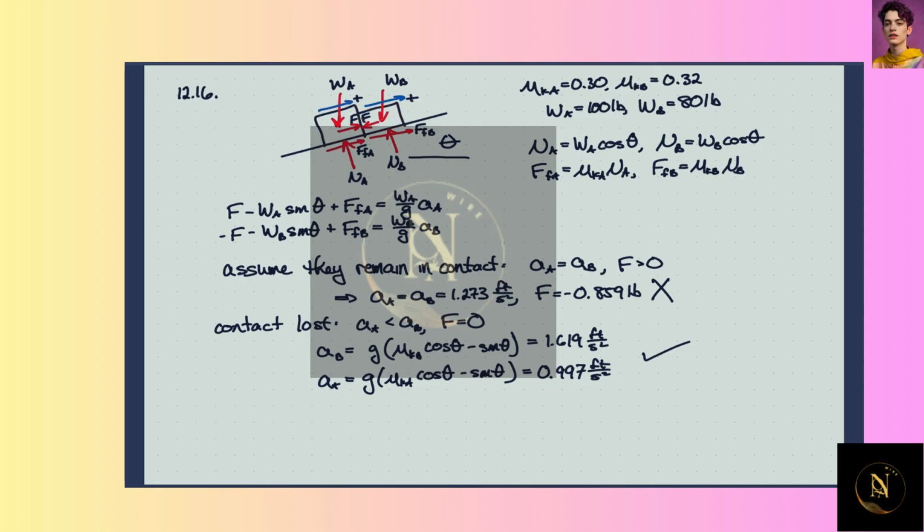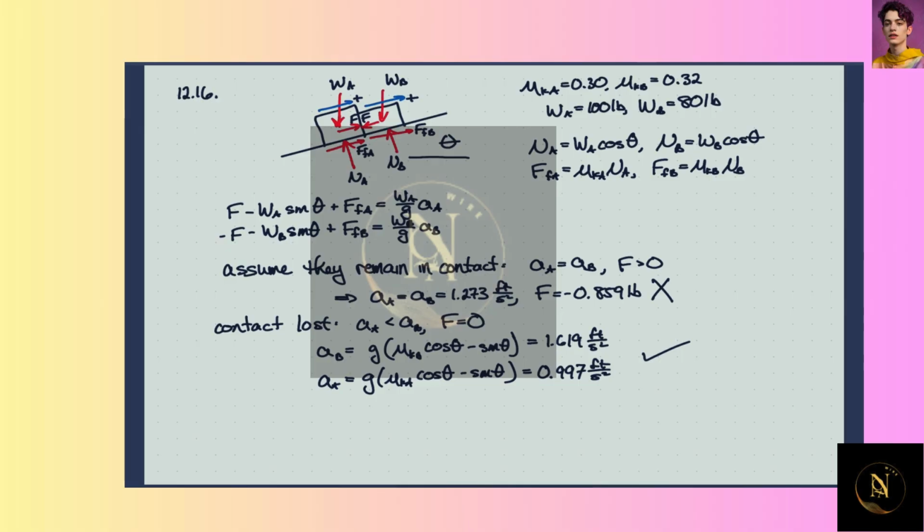The acceleration of this one here is g times the kinetic coefficient of friction for that box times cosine of theta minus sine of theta, and we get 1.619 feet per second squared. Now if we look at this box individually, using free body diagrams, since F is zero, they basically decouple.